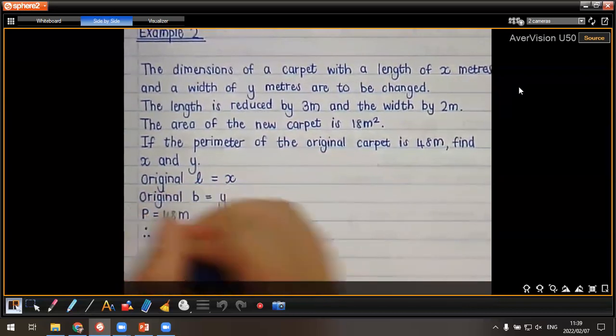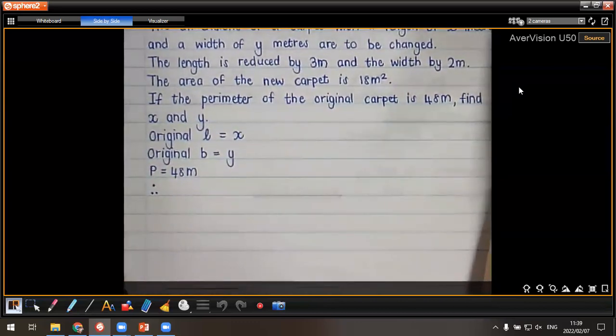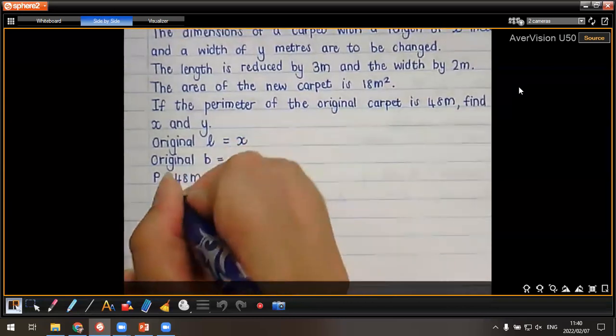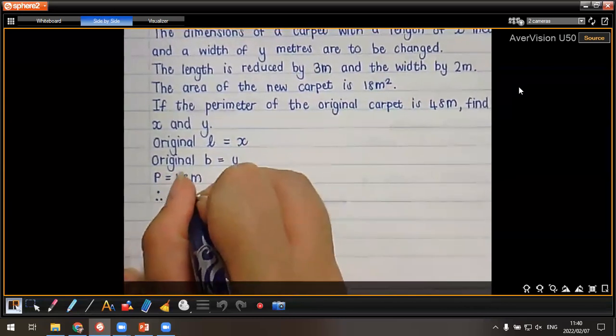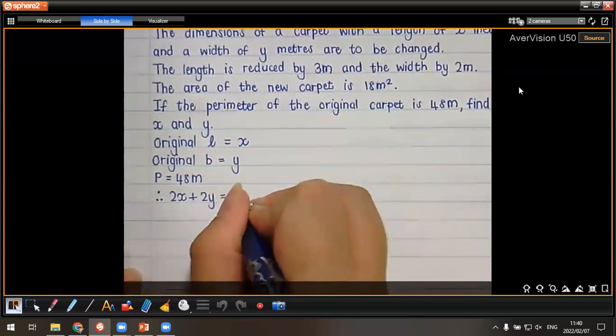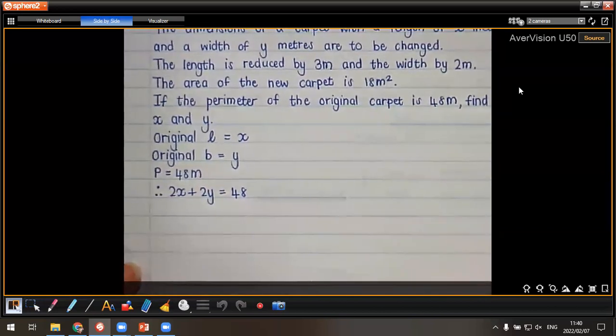So therefore, now we need to be able to rewrite that using x and y. Okay, so we're using the information that they gave us, and we are writing equations from that information. So like we said, 2 of the lengths, so 2x plus 2 of the breadths, 2y, will be equal to 48. Okay, so now if you want to, let's do the same thing that we did on Friday.